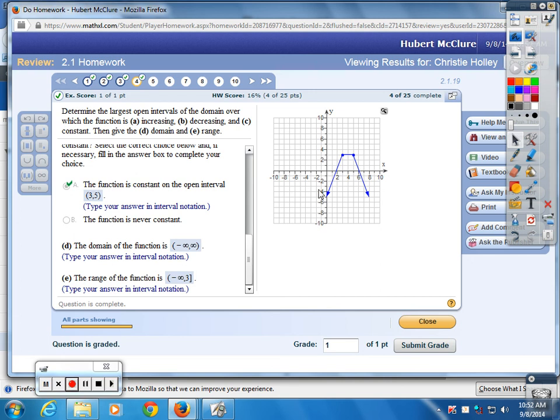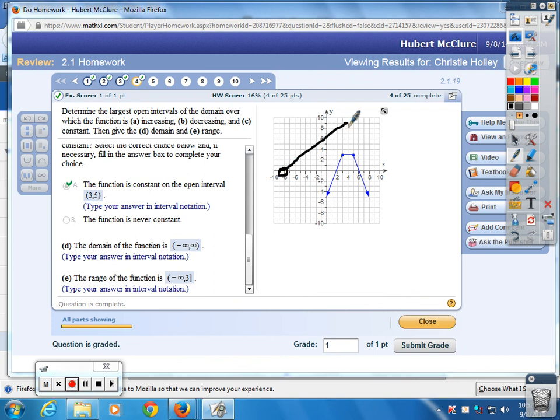But if it's something like this, then yes, I would be. Because that's an open circle at what? -8? So the domain is -8 with a parenthesis to infinity. Range is from 0 to infinity.